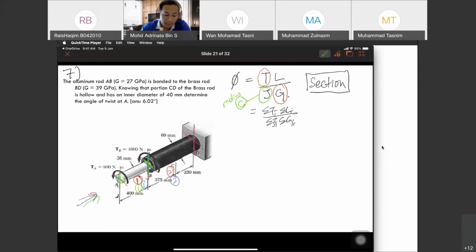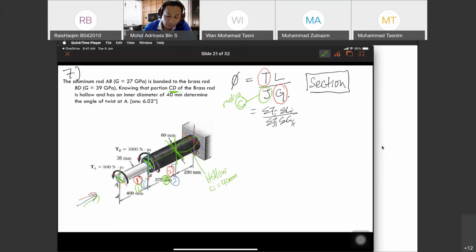Okay, berhenti dekat section ni, dia ada perubahan radius sampailah dekat bahagian C sini. Okay, C. Sebabnya bahagian sini adalah hollow. Inner diameter sama dengan 40 mm. Okay, so dekat sini CD. Okay, so di sini kita namakan dia section 2.